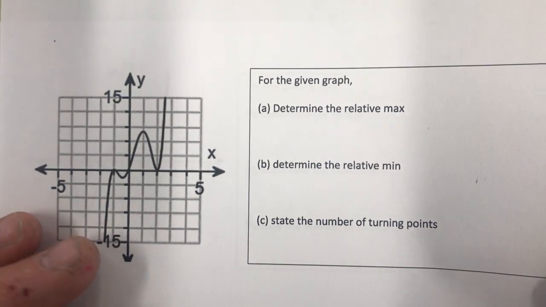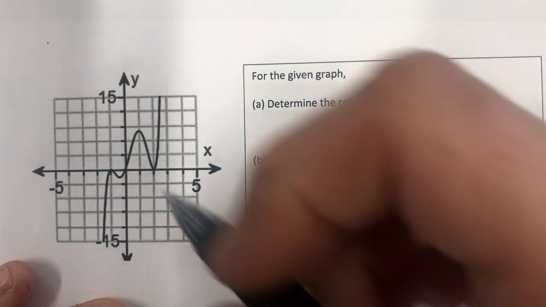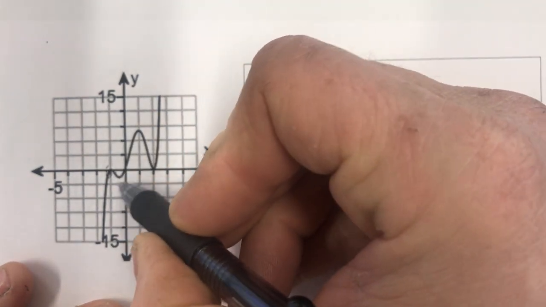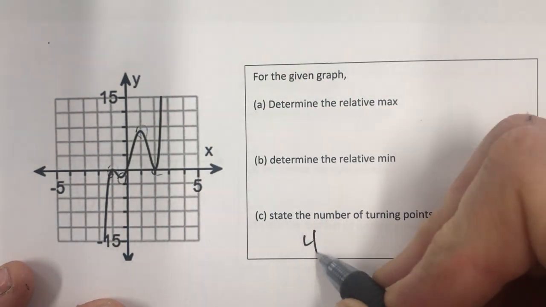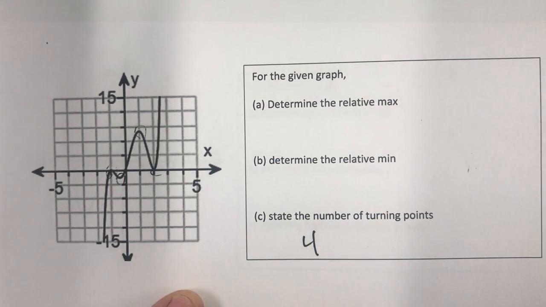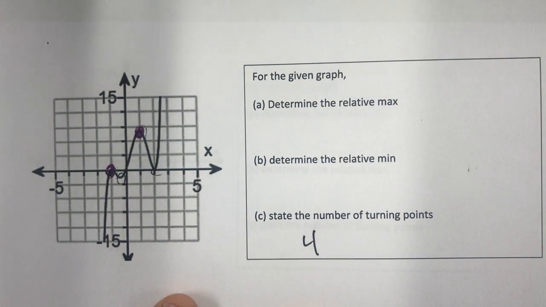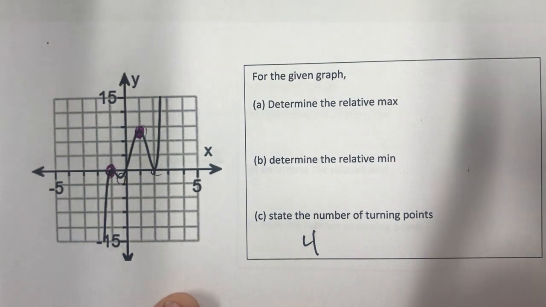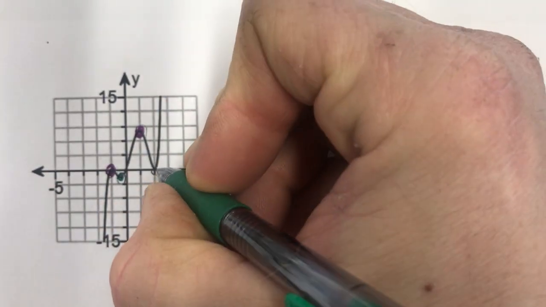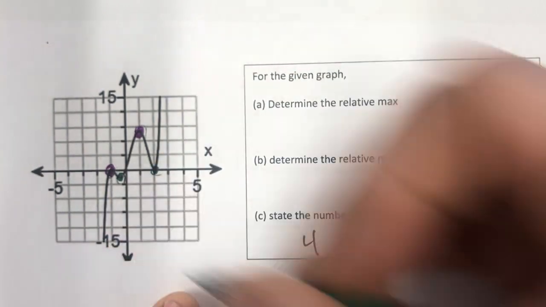On this one. Okay, let's see. We got 1, 2, 3. We got 4 turning points. The relative max, here, tell you what. This is a relative max, and this is a relative max, because it's the highest of the points around it. All right. This is a min, and that's a min, because it's the lowest of the points beside it.